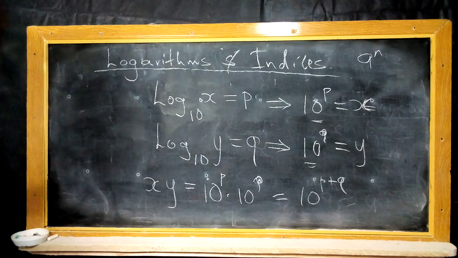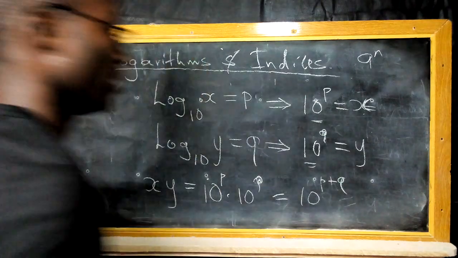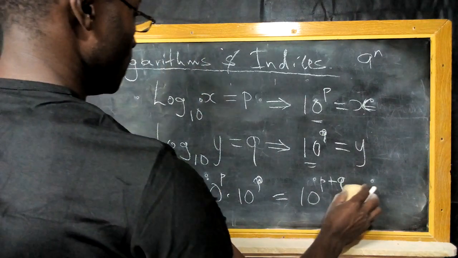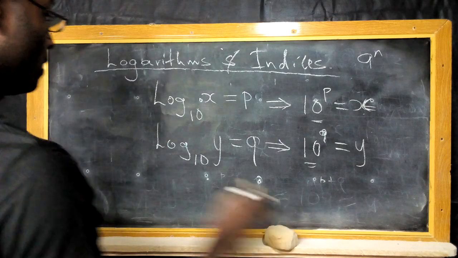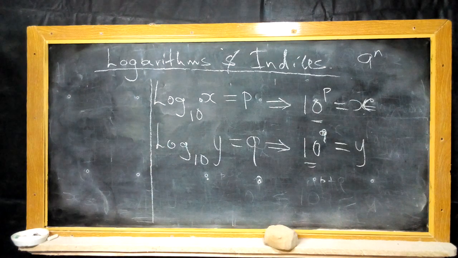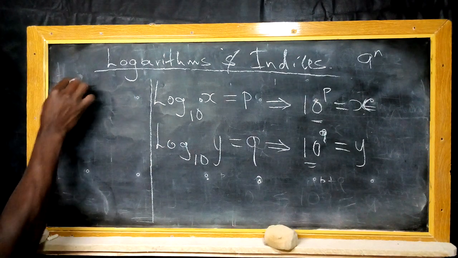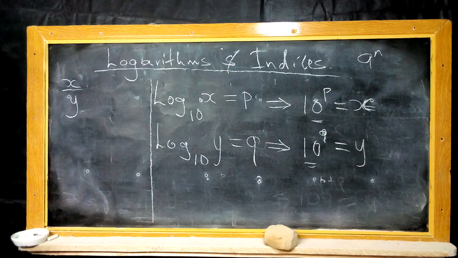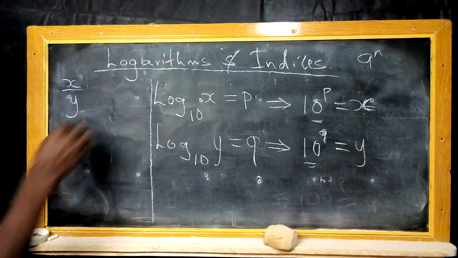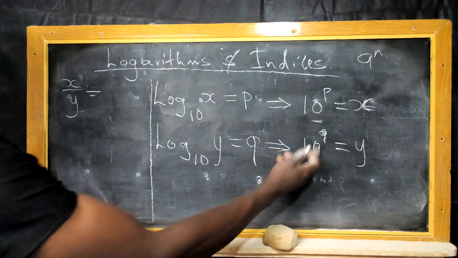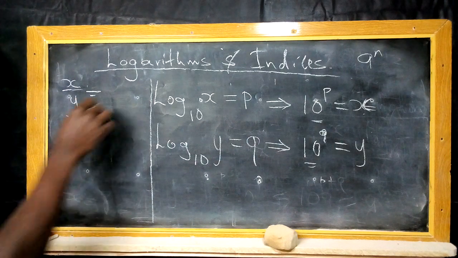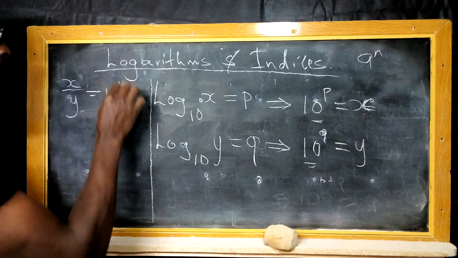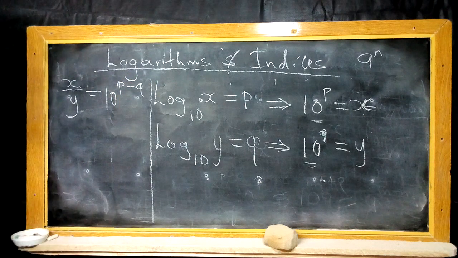Now suppose it's a fraction of x over y, then we will have to do a division as we said, so it is 10 raised to power p minus q.